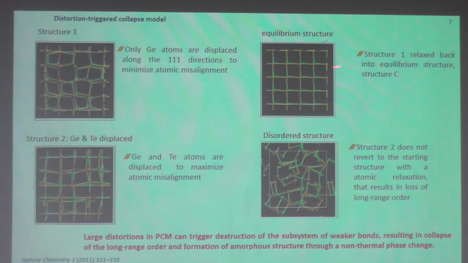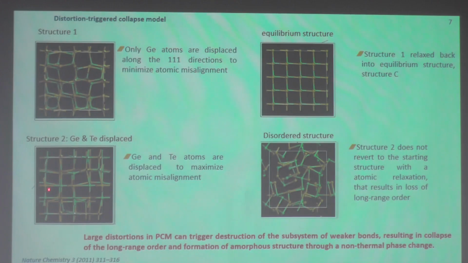Then they relaxed both structures, and they found that if we have a minimum distortion of the germanium atom, then the structure can transform back to the initial structure, so it relaxes back to the equilibrium structure.